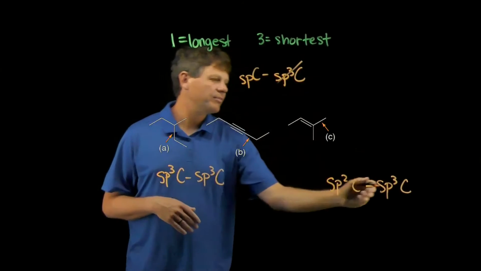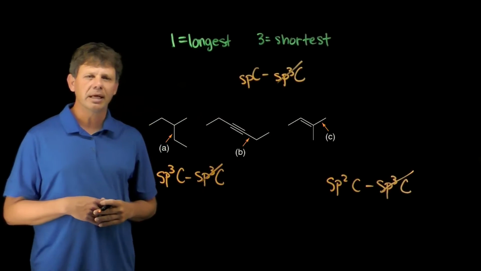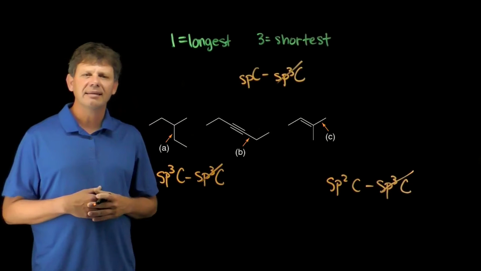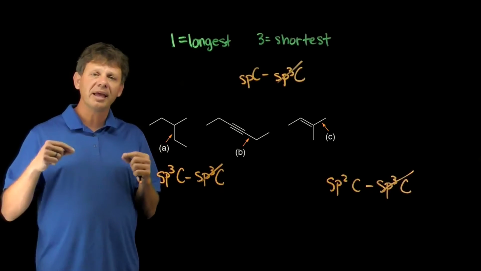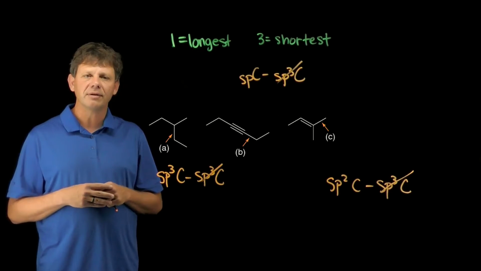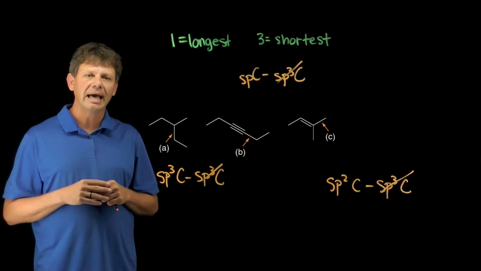Now notice in each of these we have an sp3 hybridized carbon, so we don't really need to pay attention to it. It literally comes down to the hybridization of the individual carbon atoms.